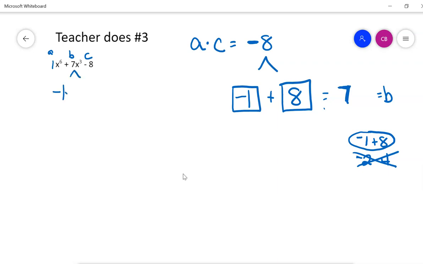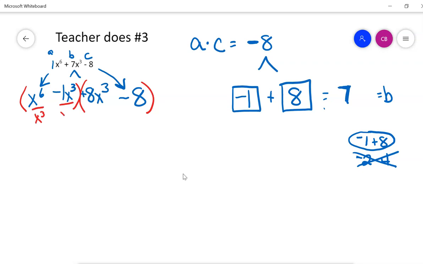So we're going to have -1x cubed, notice the cube on the x, and then plus 8x cubed. We're going to bring down our first term and our last term, and we're going to factor by grouping. Now I will group the first two terms together, and group the second two terms. In the first group, I can divide both of these by x cubed.